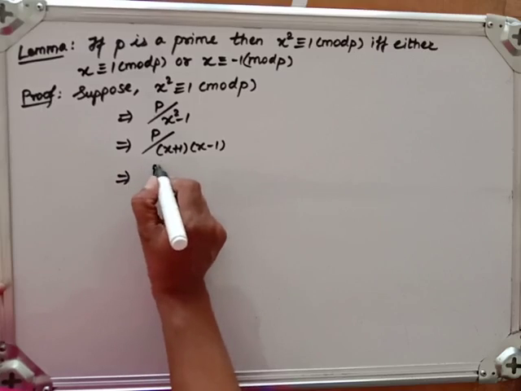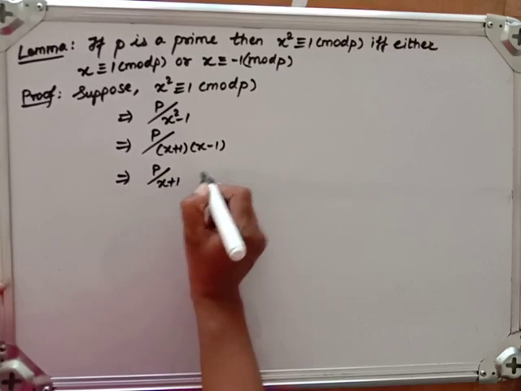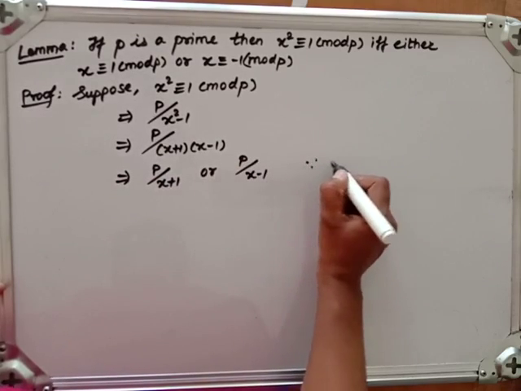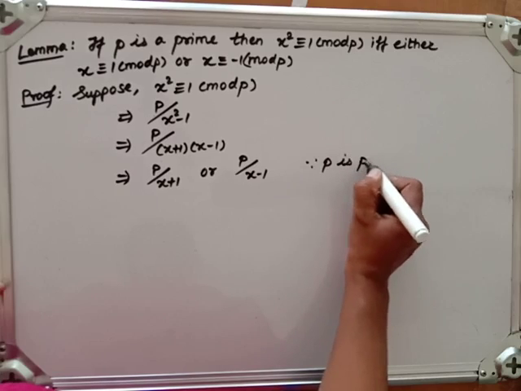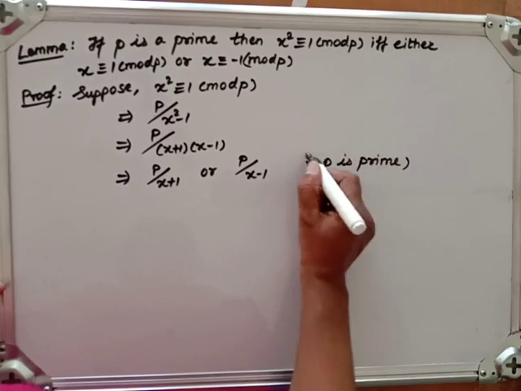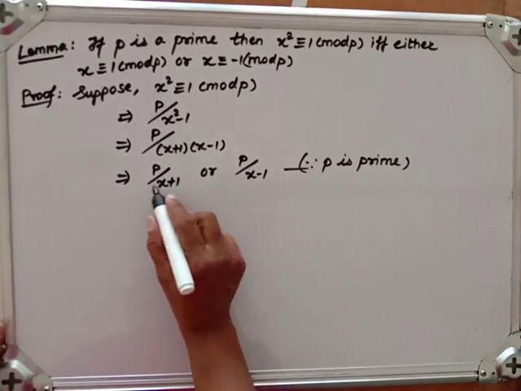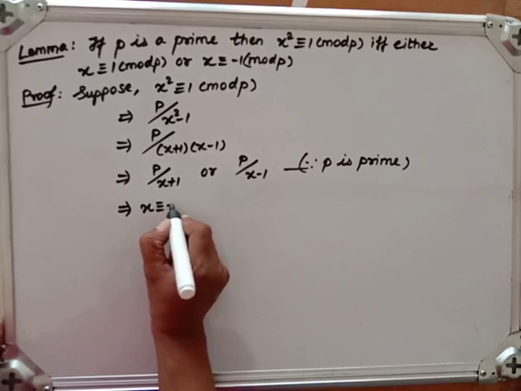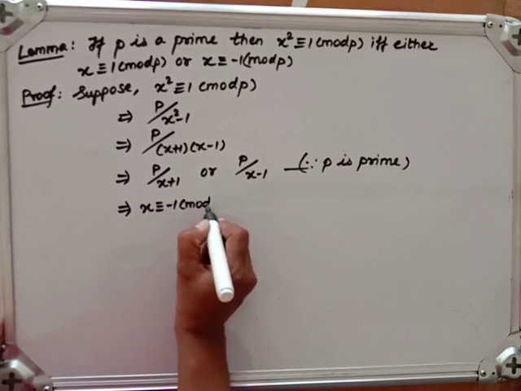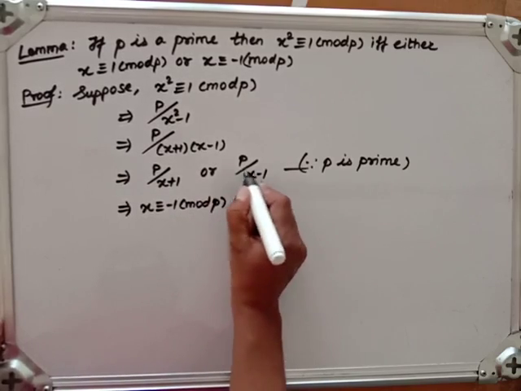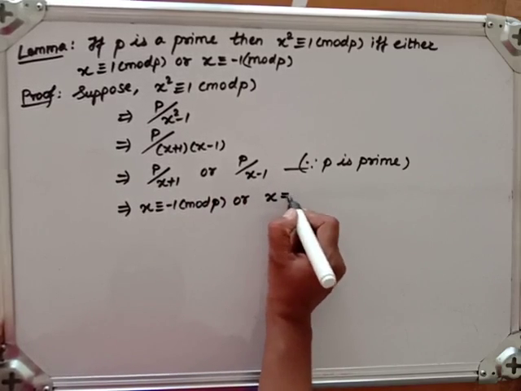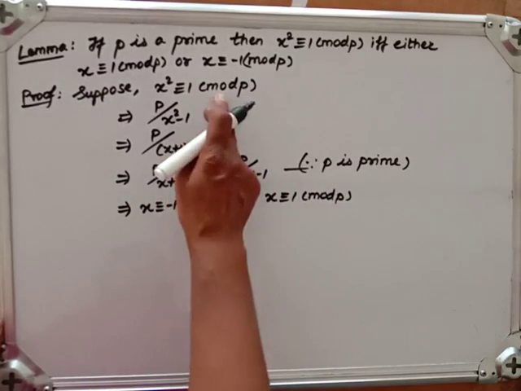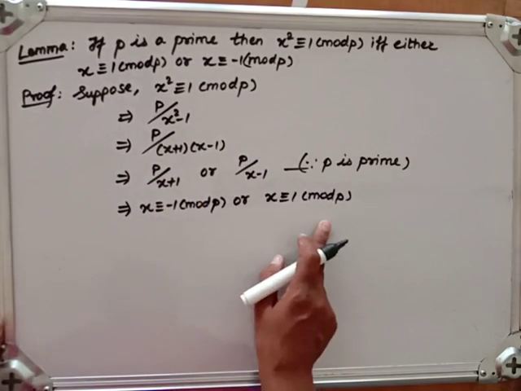That is, p divides either x plus 1 or p divides x minus 1, since p is prime. Now p divides x plus 1 gives x congruent to minus 1 modulo p, or p divides x minus 1 means x congruent to 1 modulo p. So we get our required result, as any one of these holds.